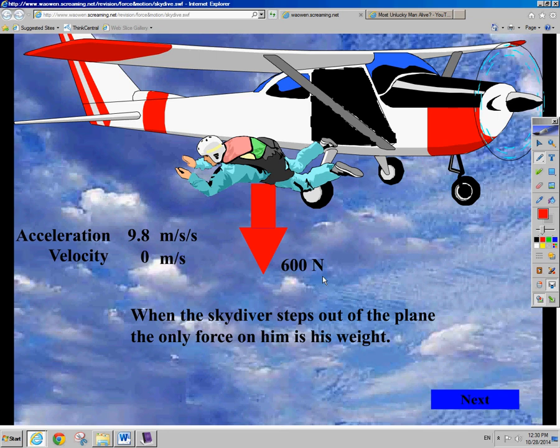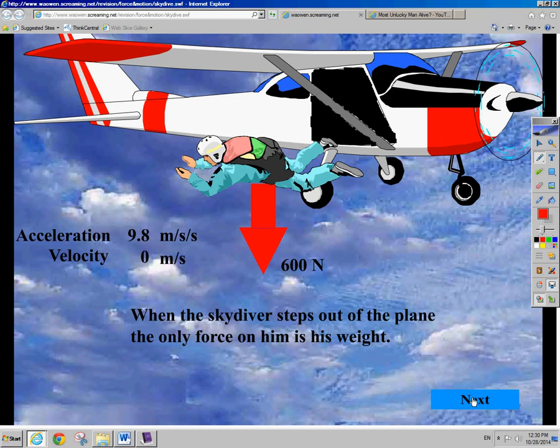So now the tricky thing is, the skydiver's velocity at that first instant, downward, we're only considering the vertical motion. The downward velocity is 0 meters per second. However, right at that first instant, the acceleration is 9.8 meters per second per second. The only force acting on him is his own weight. But now, something interesting happens.